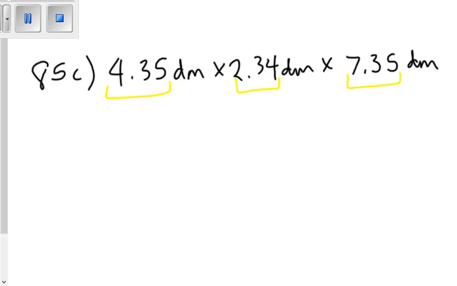So if we multiply all of those out, you are going to get 74.8. I'm sure you did have to round that to 3. And don't forget to cube, because decimeter times decimeter times decimeter, decimeter is cubed. So that would be your answer. Sorry, I didn't have a calculator, so I couldn't show you what your number was before you rounded. But again, you have to have 3 significant figures in your answer.